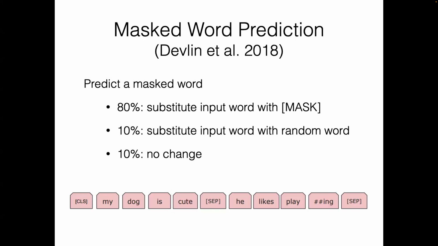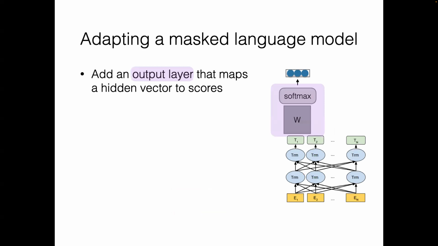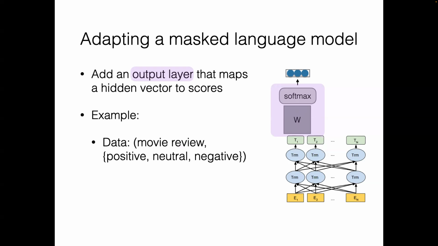If we want to use one of these for some task, then what's typically done, and I guess we've seen this idea before, is to add an extra output layer onto one of the hidden representations. Again, they typically set aside this extra token, and then you can add an extra weight matrix and get output scores.